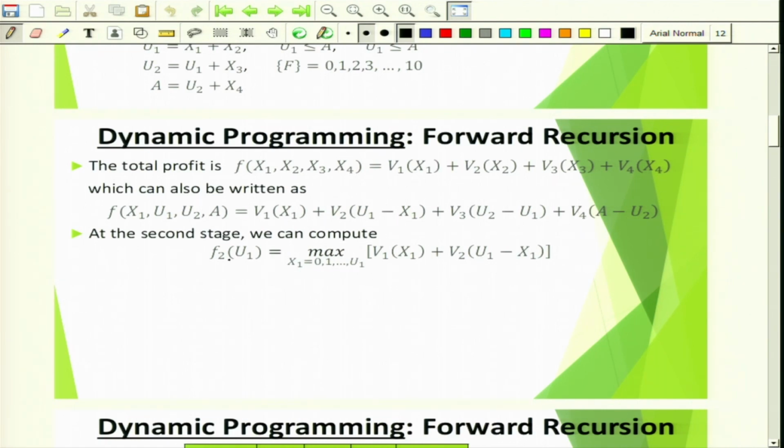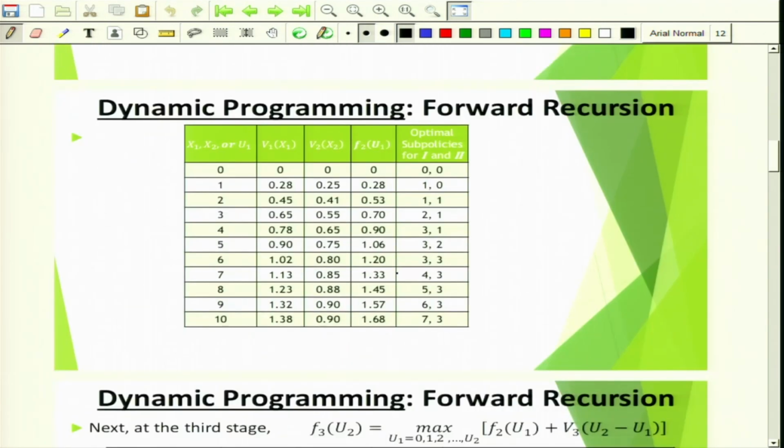So we are finding the maximum profit at stage 2, which is the maximum profit that one can get with the investment across both the ventures x1 and x2, right? Now let's try to understand with this problem. So x1 or x2 or u1 is varying from 0 to 10.